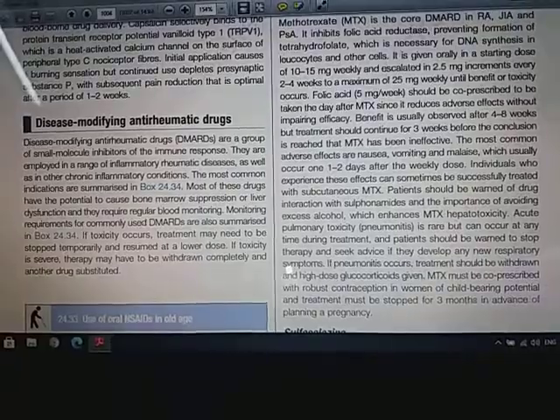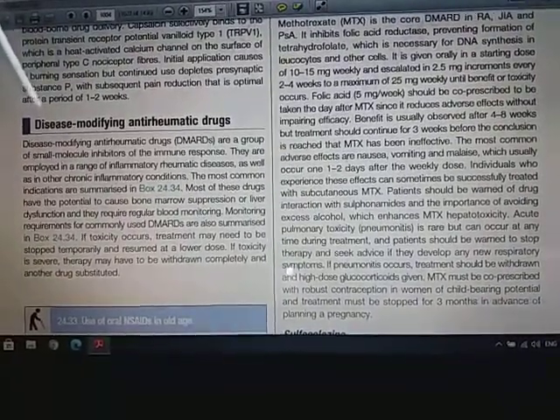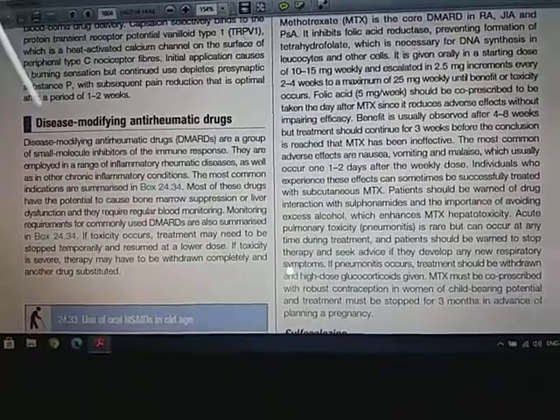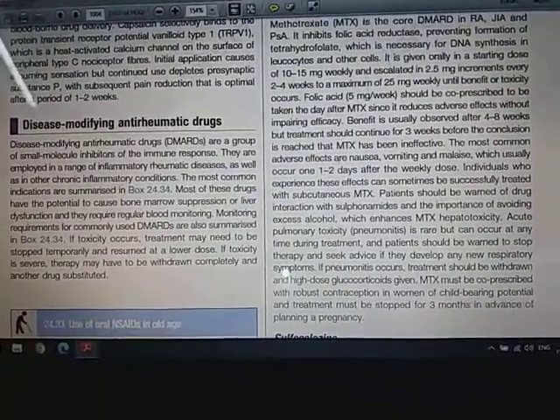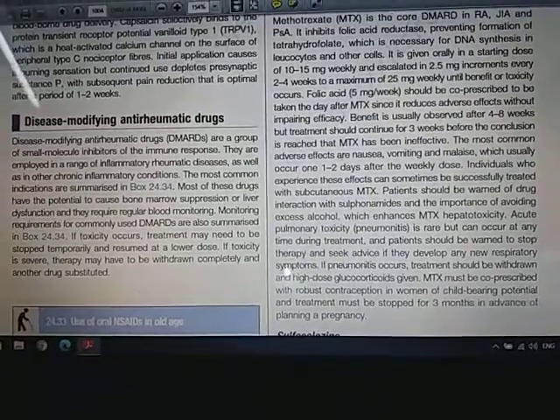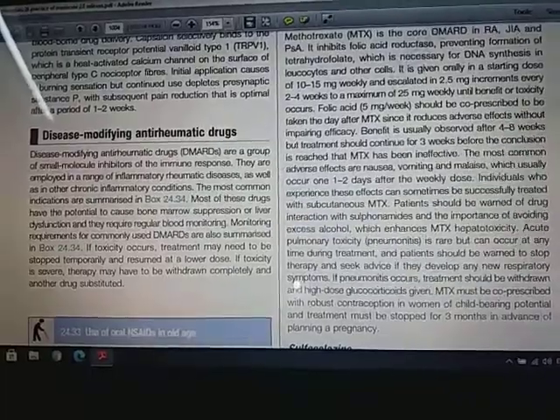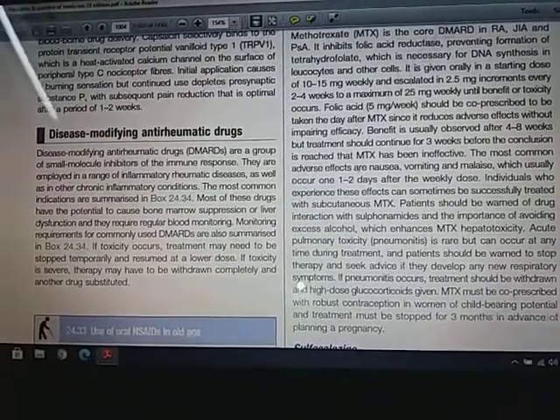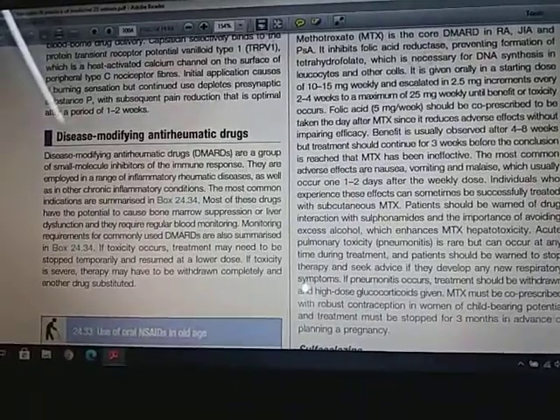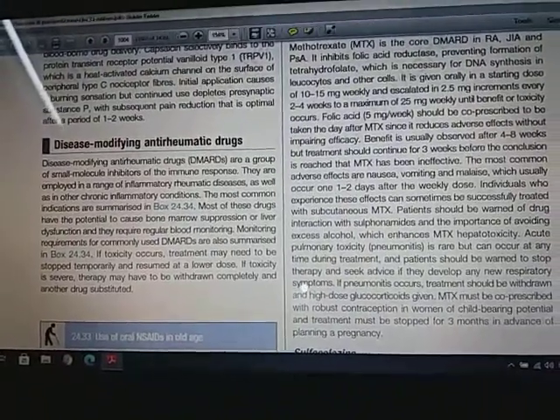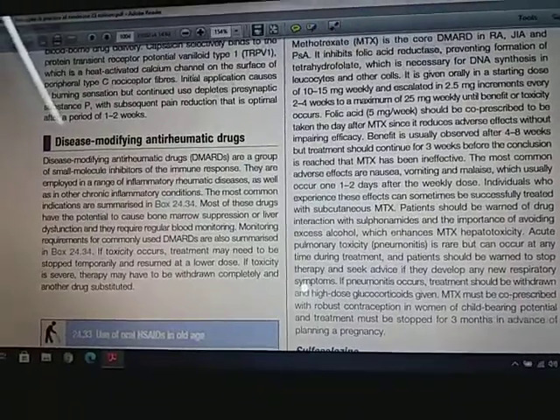If toxicity occurs, one has to stop treatment temporarily and later resume, reducing its use to a lower dose. But if toxicity is severe, therapy should be stopped completely and another drug substituted.